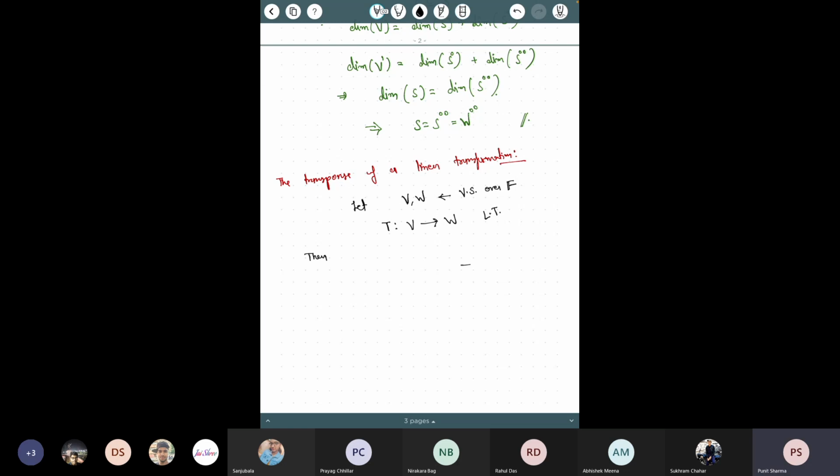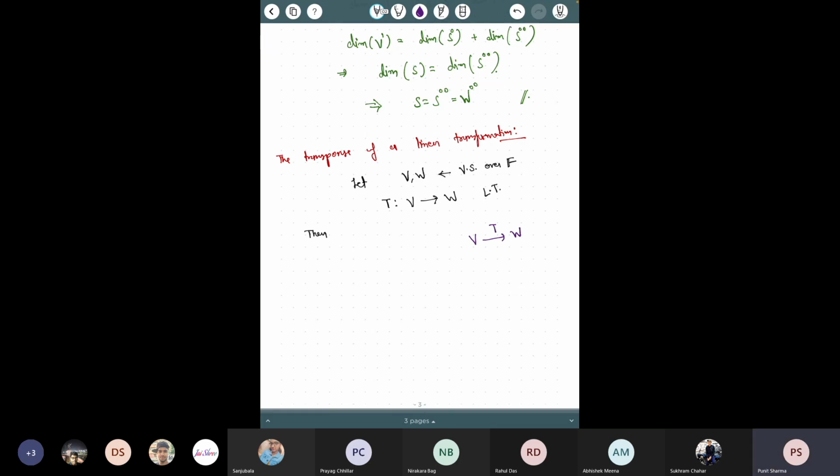So what are we given? We are given a linear transformation T from V to W. Now, I want to define a linear transformation from W dash to V dash.